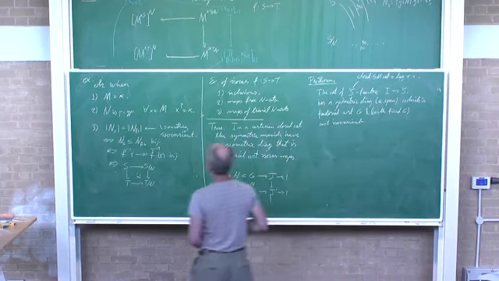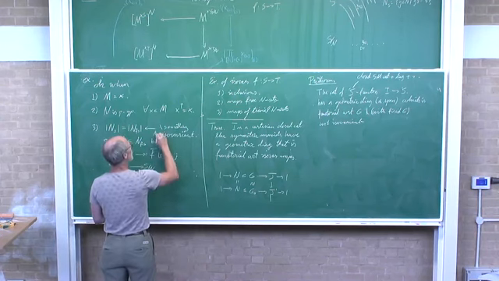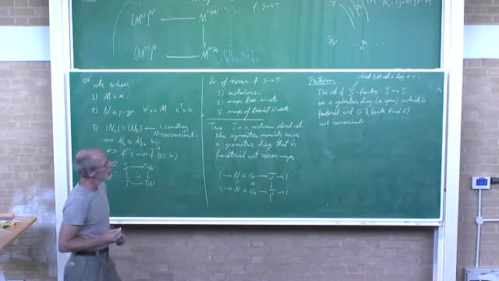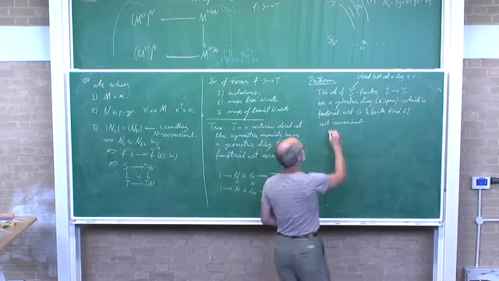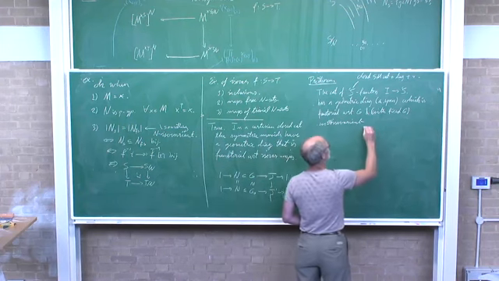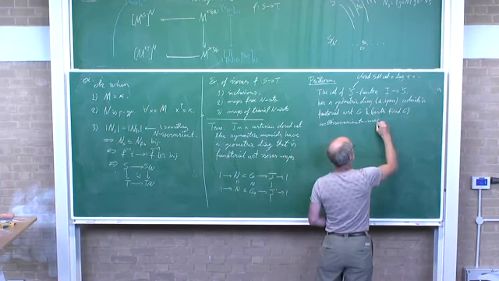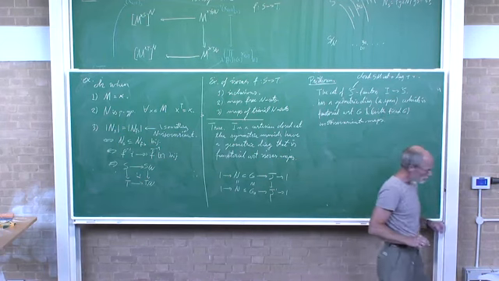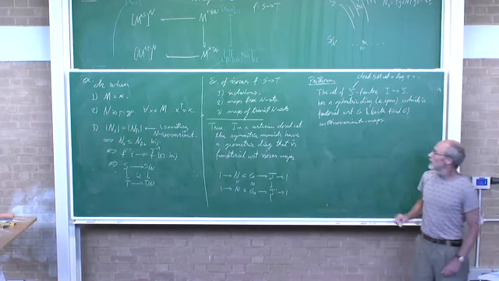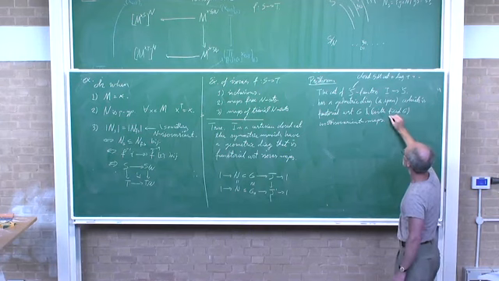Can I call this N isovariant? Because it doesn't really depend on G, it only depends on N. And it should be an isomorphism.